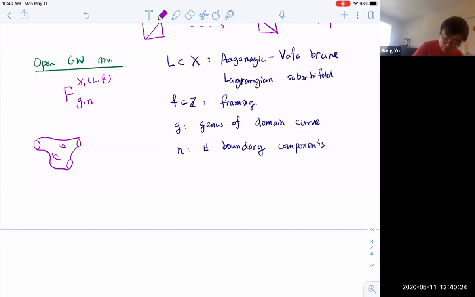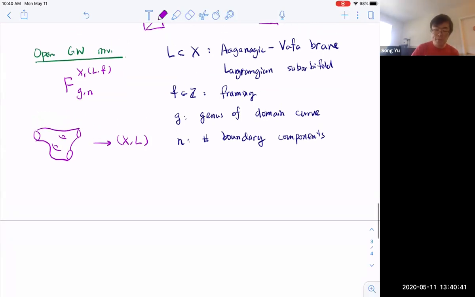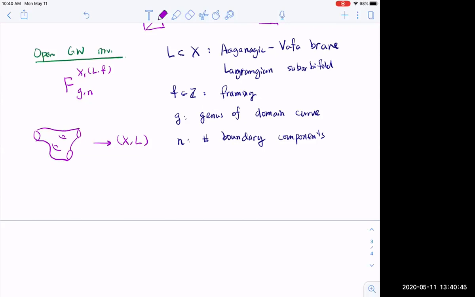Here I have a surface of genus 2 with 3 boundary components mapping to the pair (X, L). So this will be roughly accounted for by the open invariant F_{2,3}. I will not give the precise definition here.